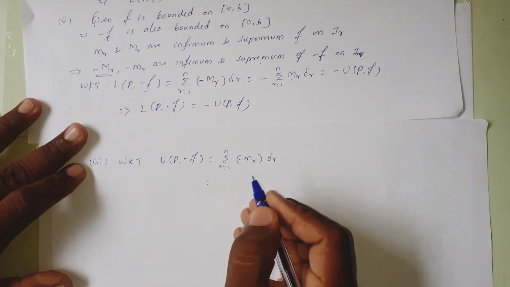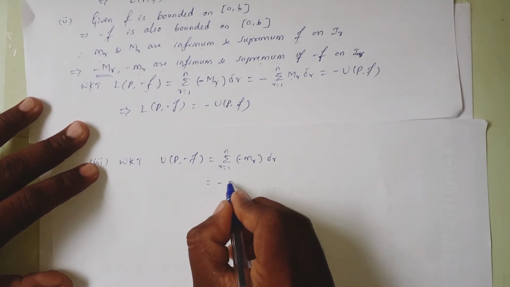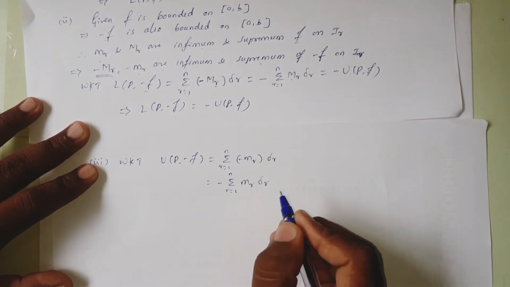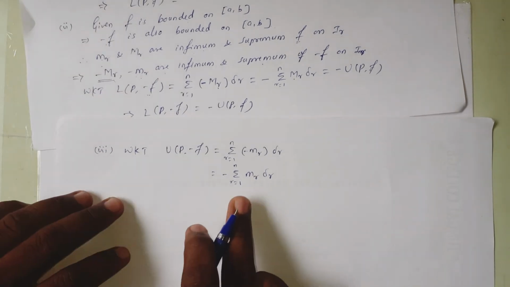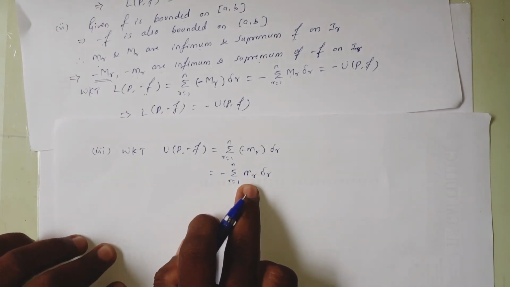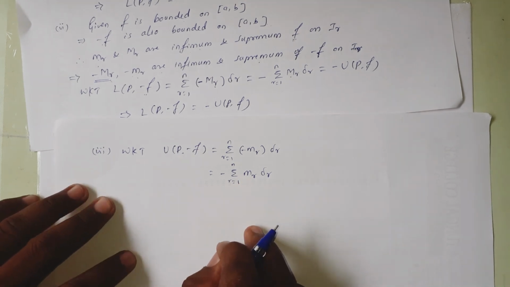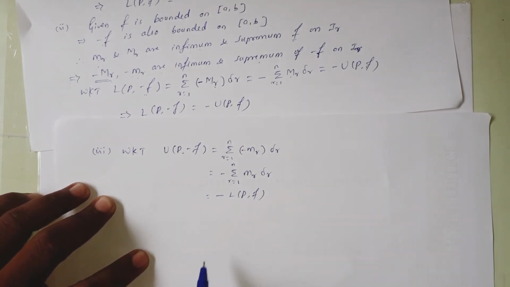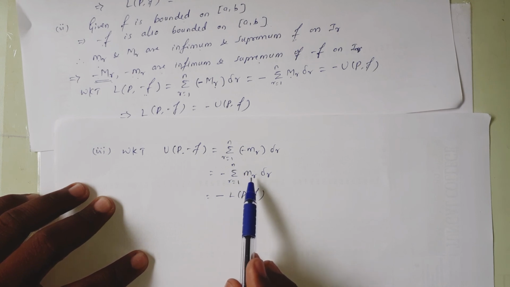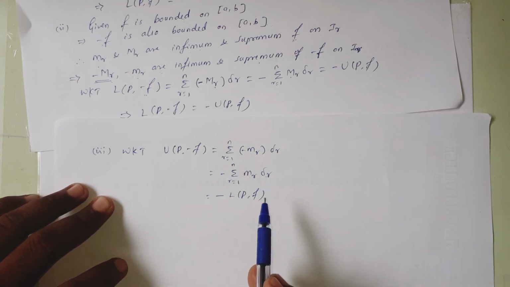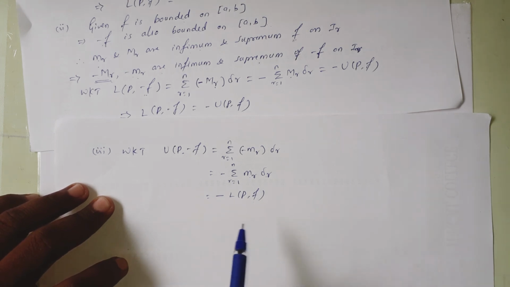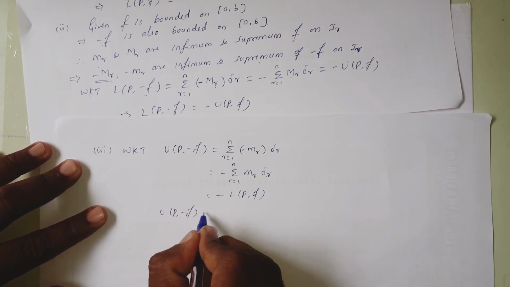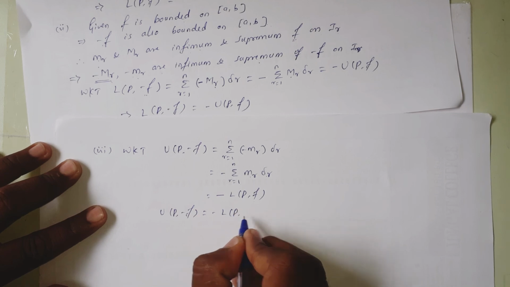Again, that minus 1 is constant, we can take it out of the summation, then it is minus of the summation over r equal to 1 to n of small mr into delta r, and already we know that small mr is the infimum of the function f on the rth subinterval, so it gives minus of LPF, because the summation over r equal to 1 to n of mr into delta r is the lower Riemann sum of the function f in IR. So, therefore, the result is UP minus f is equal to minus LPF.